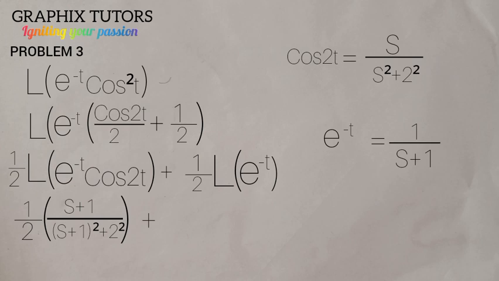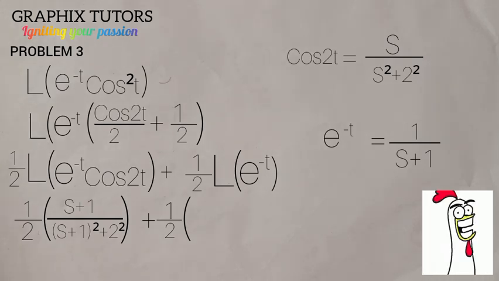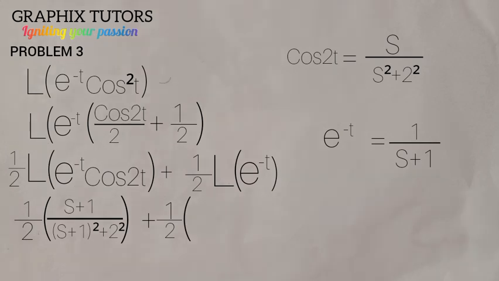Plus, now if you Laplace e to the power of minus t, when you Laplace it, what will you be having? You first of all bring out the 1 all over 2 and you open the bracket. So if you now Laplace e to the power of minus t, you are going to be having 1 all over s plus 1, just like we did earlier.